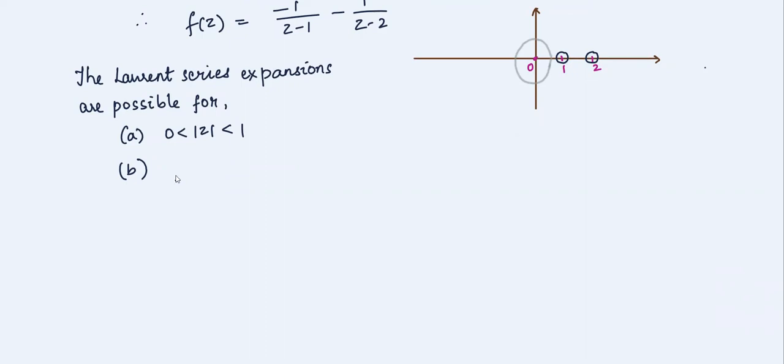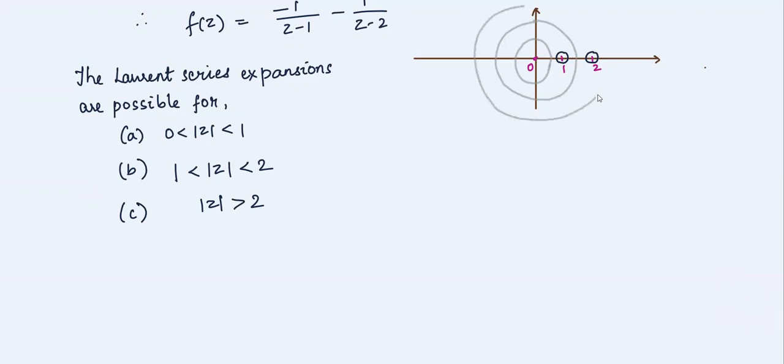Next, another one is when the circle can be like this. That means there is one point of singularity included. Third, when mod z is greater than 2, there are 2 points of singularity in that particular case.